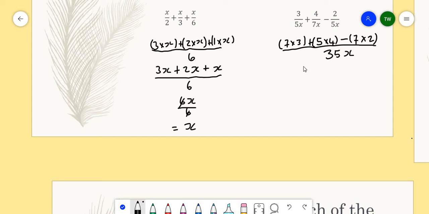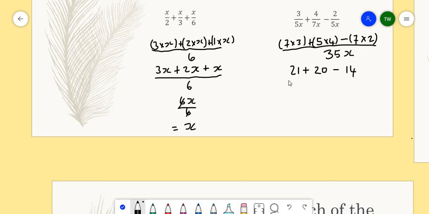At this stage, we're going to carry out the multiplication. So 7 times 3, that's going to give us 21. Put back our plus sign. 5 times 4, that's going to give us 20. Put back our subtraction sign. And 7 times 2, that's going to give us 14.